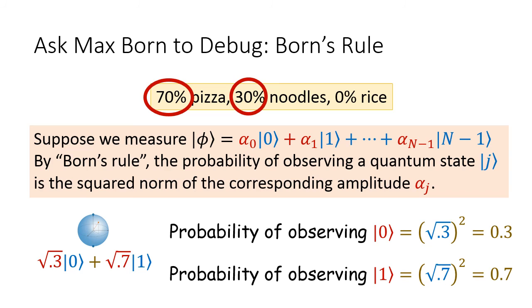That means there is about 70% of chance that Alice would observe pizza state and 30% of chance to observe the noodle state. And this explains the observation.